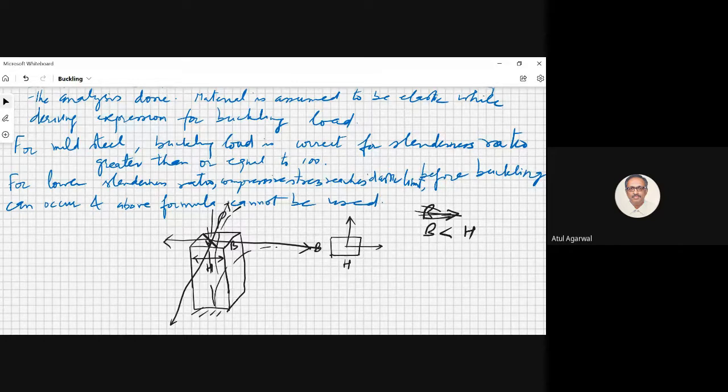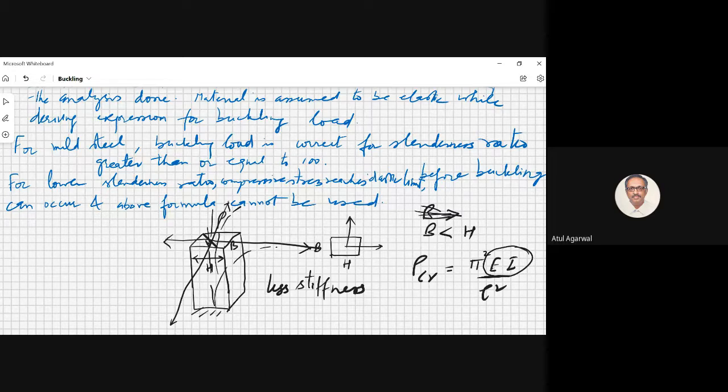So it will buckle in the direction where it has less stiffness, because P critical will be easily reached there. So this is your formula for P critical. If your EI is less, so your P critical will be less.